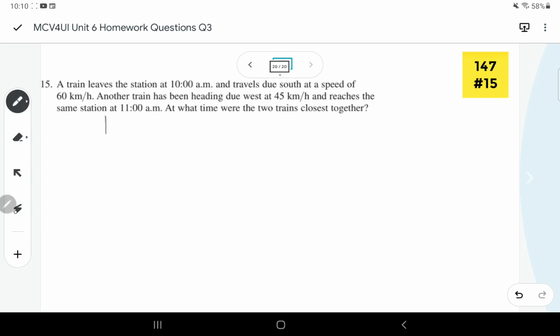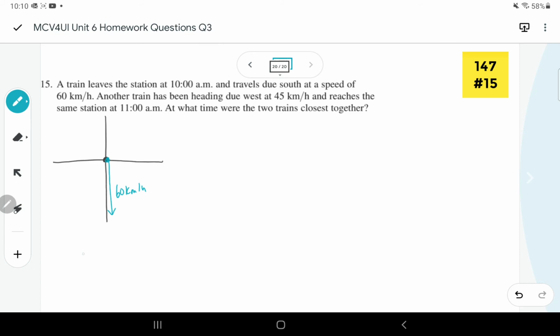So let's draw this out. We'll draw our little north, south, east, west. There's the station at the start, at the center. So at 10 a.m., we know that the first train is at the station and it goes south at a rate of 60 kilometers per hour.